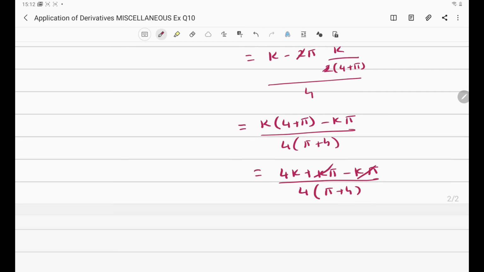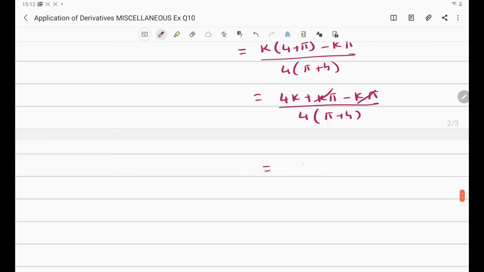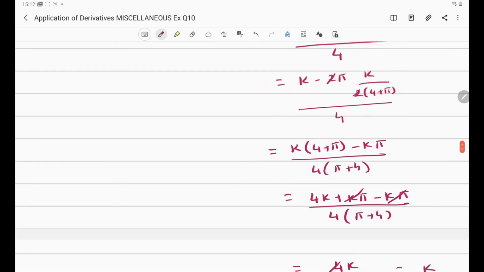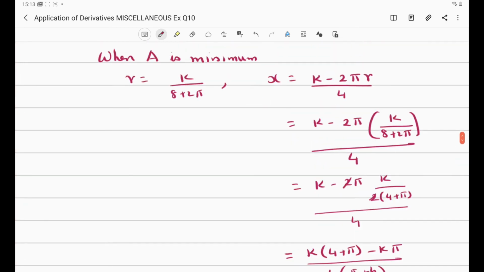So k pi gets cancelled and we get this as 4k by 4 into pi plus 4. So 4 gets cancelled, we got k by pi plus 4, and we got r is equal to k by 8 plus 2 pi, which is same as k by 2 into 4 plus pi.